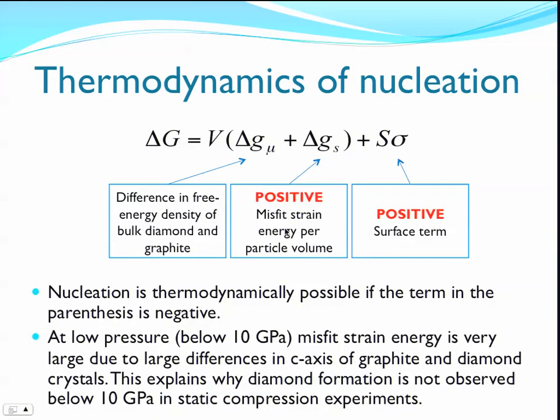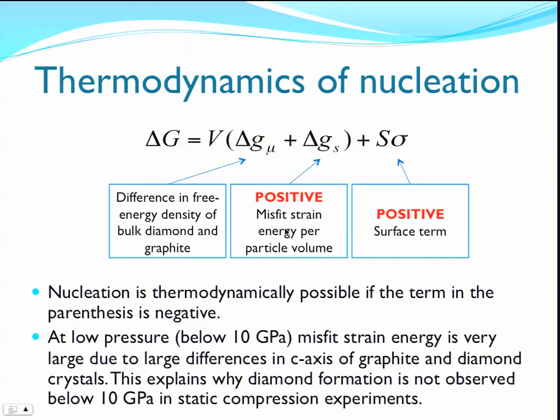So in thermodynamic terms, by looking at the exact expression for free energy of nucleation, it is possible to see why formation of diamond nuclei is impossible at very low pressure.